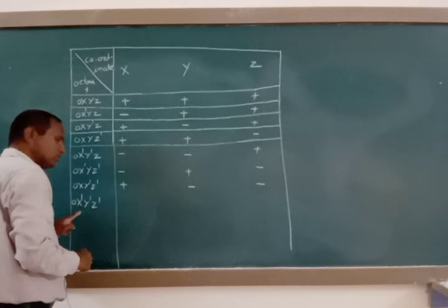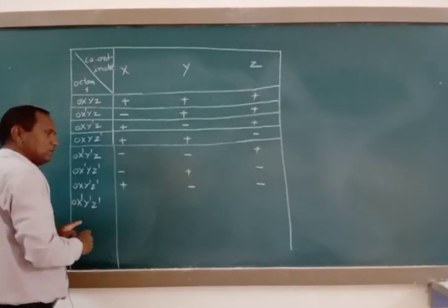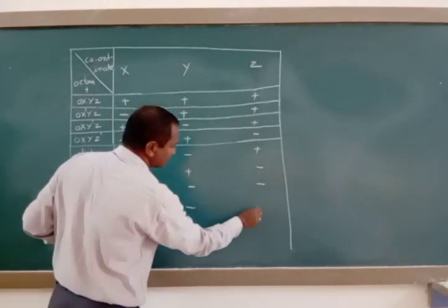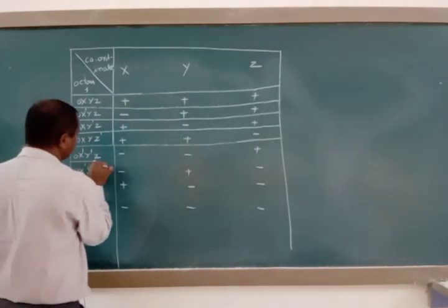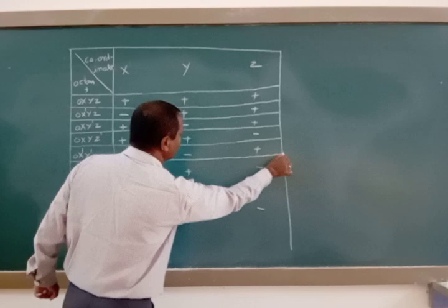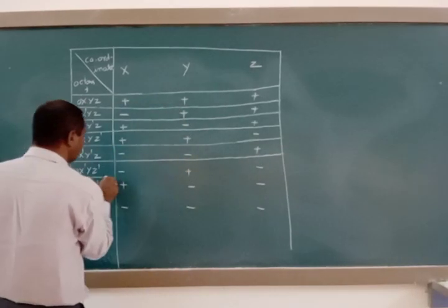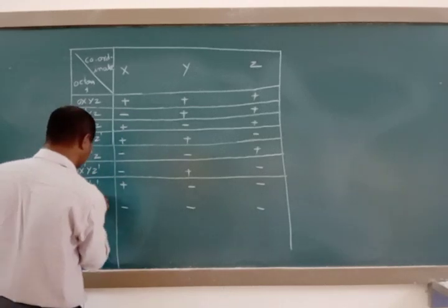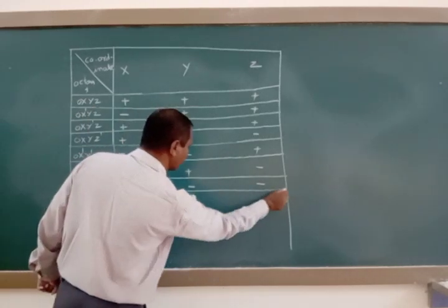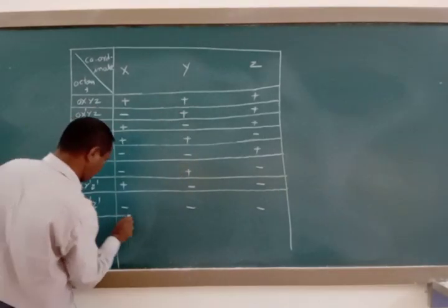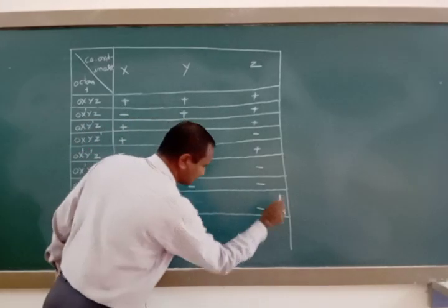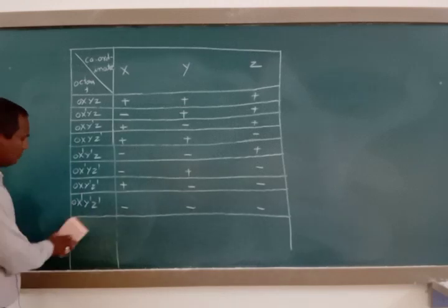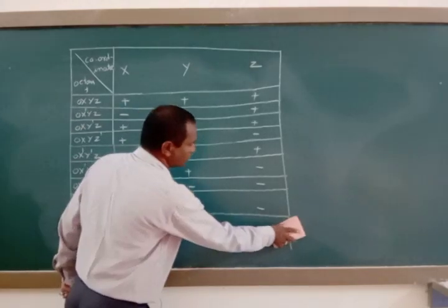And Ox'y'z', where the dash is there for all three coordinates, so all three are negative. Like that we allot the signs to the coordinates of a given point according to the octants.